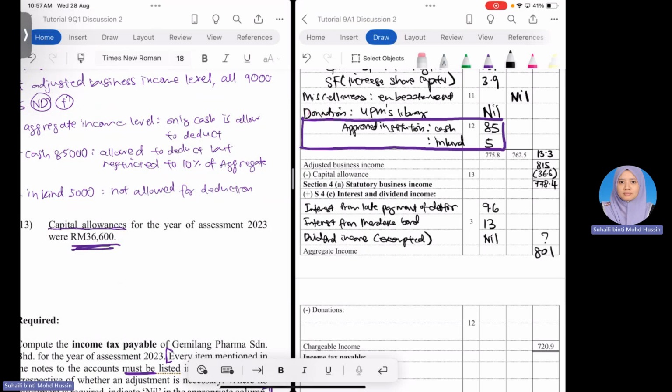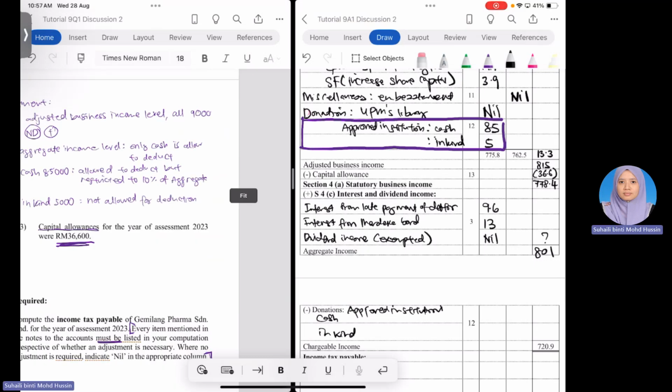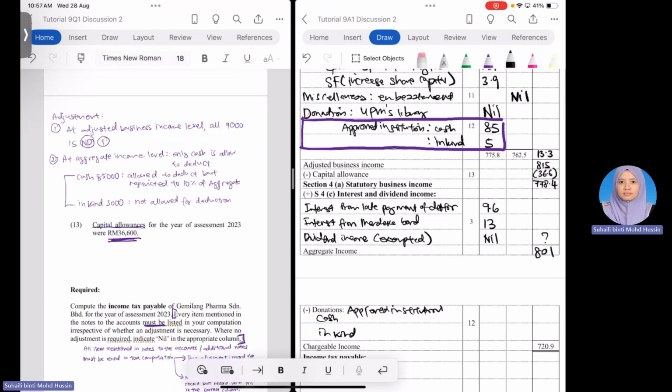Remember that we have 2 donations there just now, donation to the approved institution. We have cash donation and we have in-kind donation. When you make a donation to the approved institution, in-kind donation is not allowed for deduction.